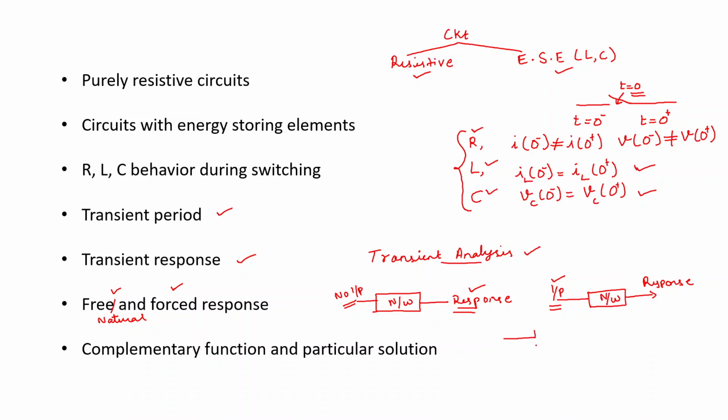Obviously, for a network which contains initial energy as well as is supplied with input, the response will be the sum of free response, because you have initially stored energy in this network, plus forced response, because you have an input here.